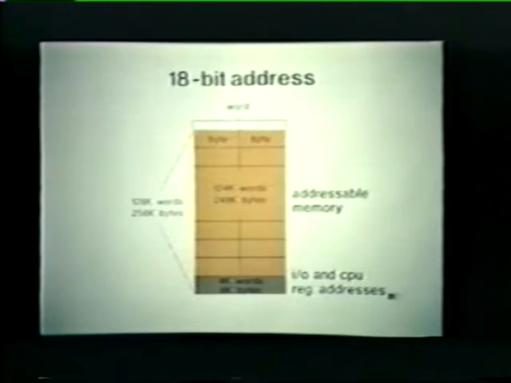The remaining addresses are available for memory. Hence, with an expanded 18-bit address, our memory space is increased to a maximum of 124K words. Since 2 bytes make up each word, we can accommodate up to 248K bytes of memory when we use our expanded 18-bit address.